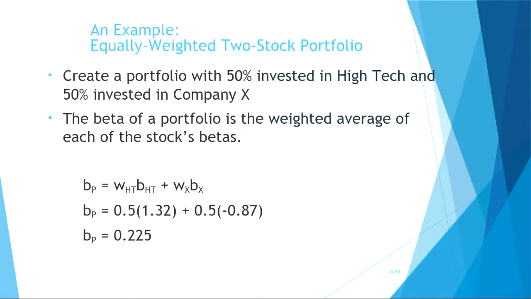Then, how do we calculate the beta of the portfolio? Basically, there is no trick for this one. It's the weighted average of each individual stock's beta. 50% of 1.32 high-tech beta and 50% of 0.87 company X, so the average is 1.225.